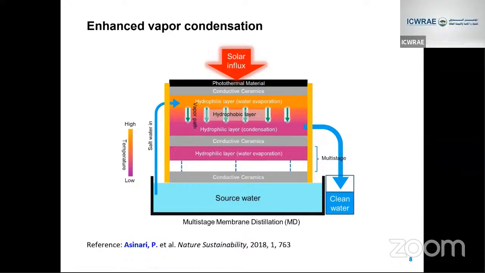So the same amount of heat can be utilized for multiple cycles within this design. Therefore, with this design, you can expect that the water production rate can be significantly enhanced in comparison to the conventional solar still. However, there is a problem with this design.